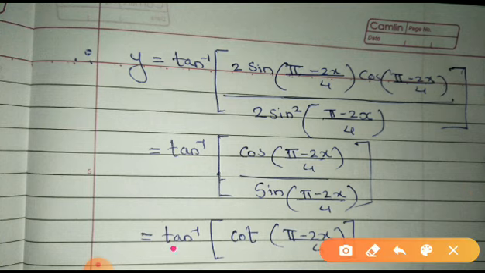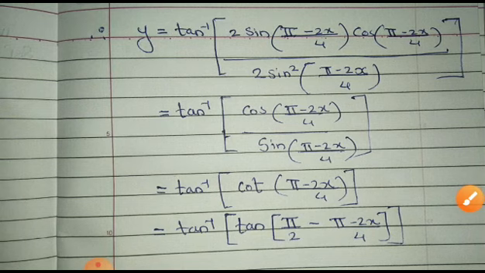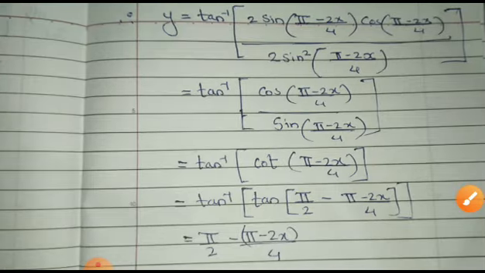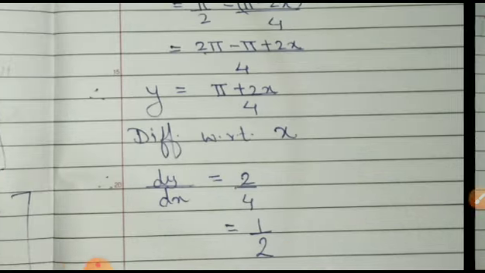So can I directly cancel it? No. So what should be done? Cot I have to write as tan of 90 minus theta. Okay. So the same thing I can write as tan of pi by 2 minus this angle. So it will be pi by 2 minus pi minus 2x by 4.